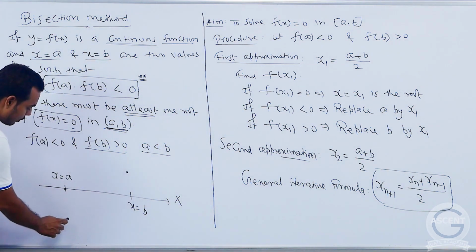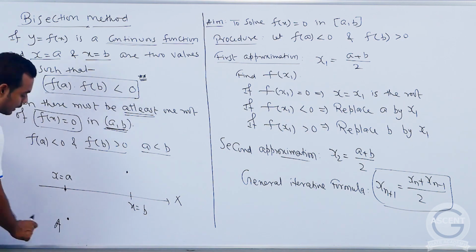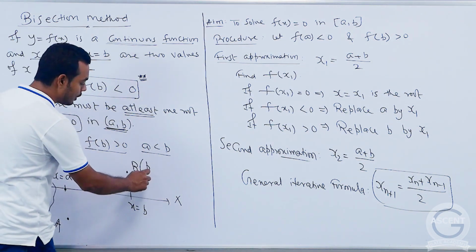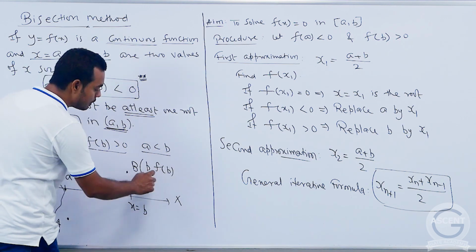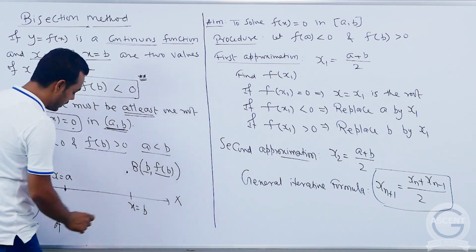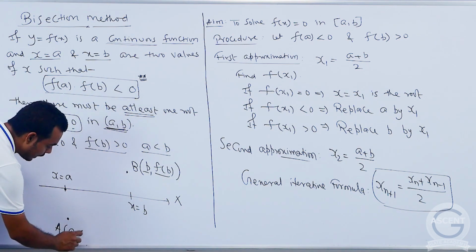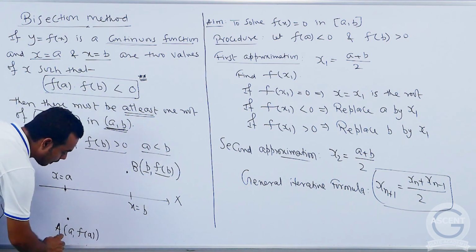So this is one point a on the graph of y equals f(x), and this is another point b. If you want to write the coordinates, here x is b and y is f of b, and here x is a and the value of y is f of a.